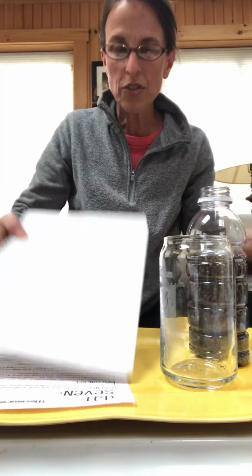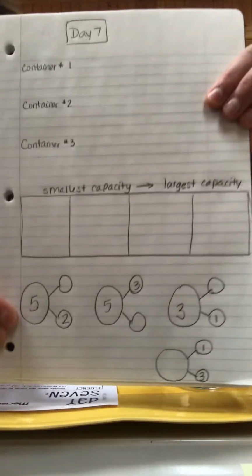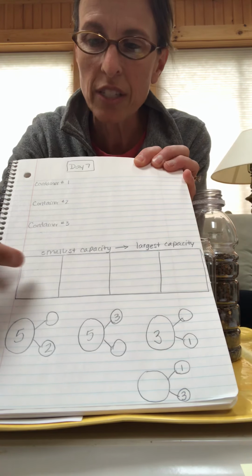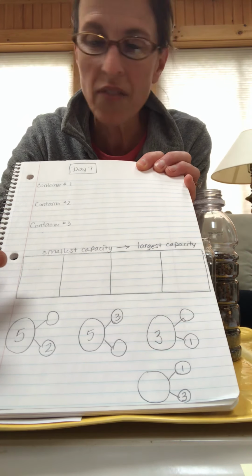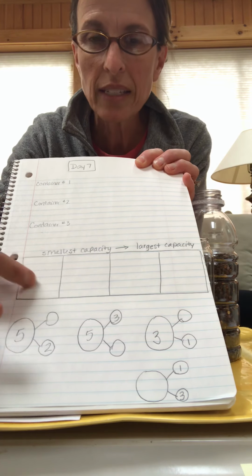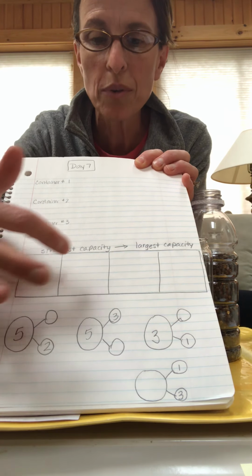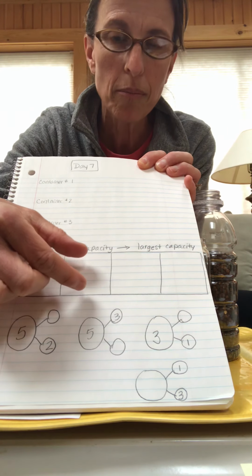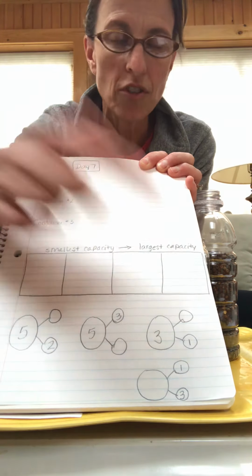So all you'd have to do is draw on your paper 4 boxes, and put in order your smallest to your largest. It's pretty obvious that the spoon has the least amount of capacity, so you'd start with the spoon, and then you'd draw a picture of what you think comes next, either the small milk carton or the milk jug or the trash can.